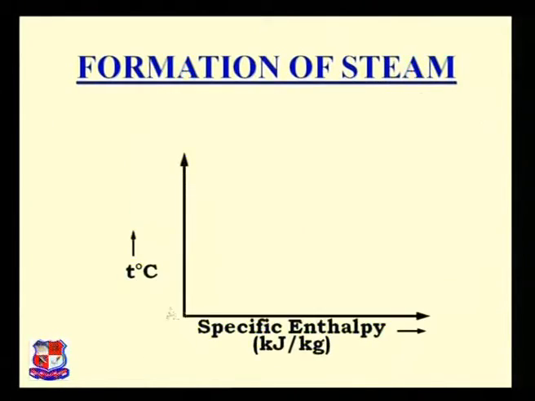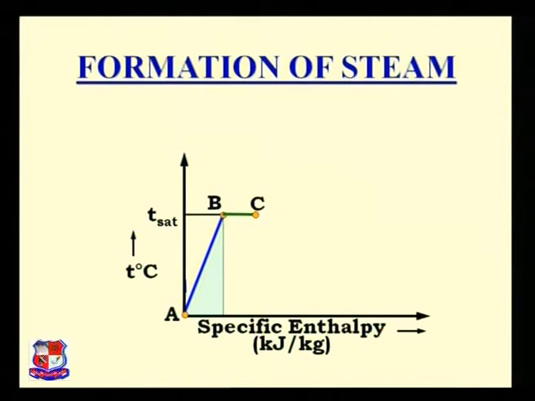Today we are going to just review the temperature and specific enthalpy diagram for the formation of steam. At state A, the temperature of water is 0 degree Celsius, so it is located at the origin. When it is heated up to state B, the temperature of the saturated liquid is the saturation temperature, so we get the line AB on the temperature enthalpy diagram.